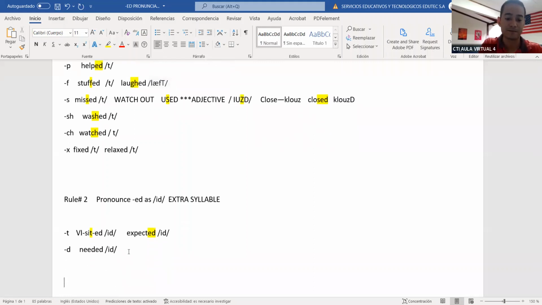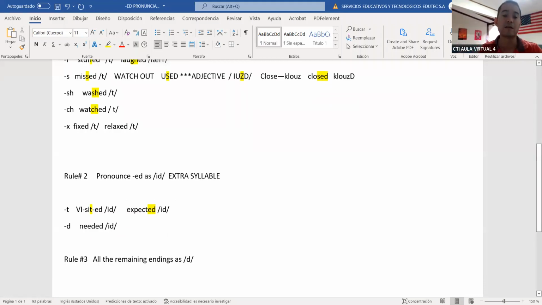Okay, rule number 3. So guys, rule number 3 is pretty simple. You're going to pronounce all the rest of the endings, all the remaining endings, as d. This is going to be the pronunciation. Okay. So, for example, this includes all the vowels in English, or diphthongs in English.